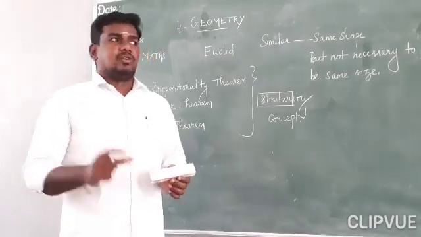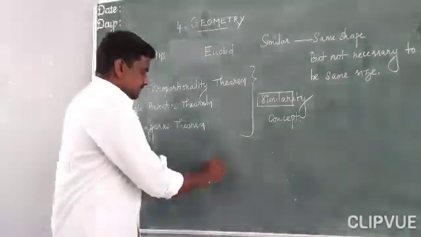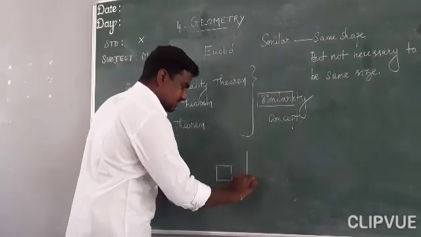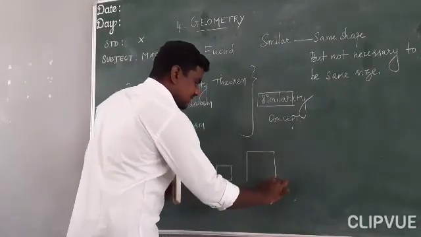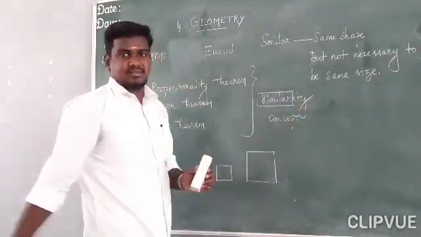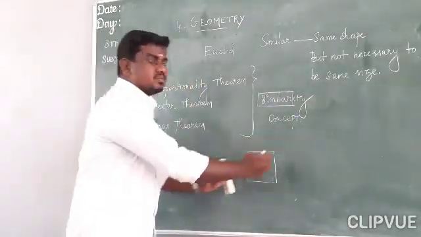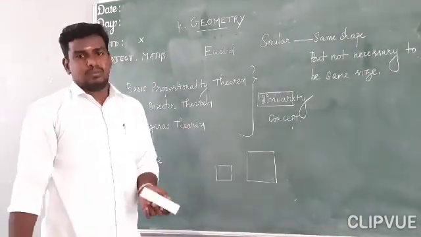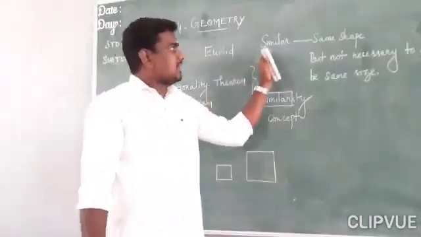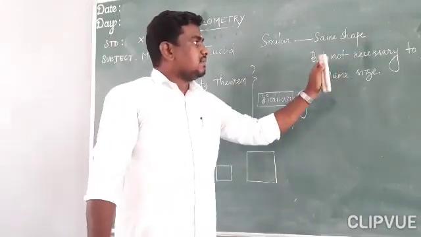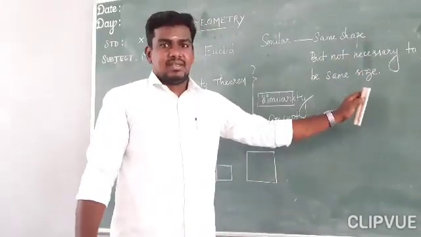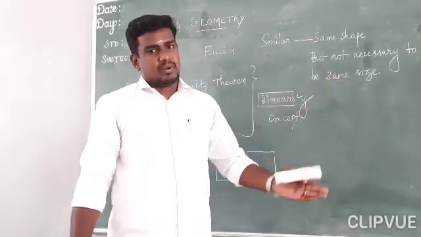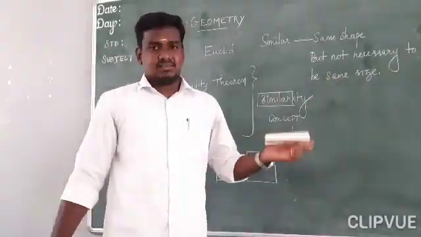And photocopies, like stamp size, card size, then it will be increased, but the ratios must be the same. What is meant by ratios? We will see one by one. So similar means same shape, not necessarily the same size. Understood? If it is the same size, no problem. We can also say that it is similar.